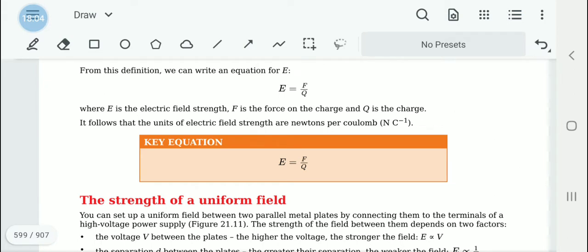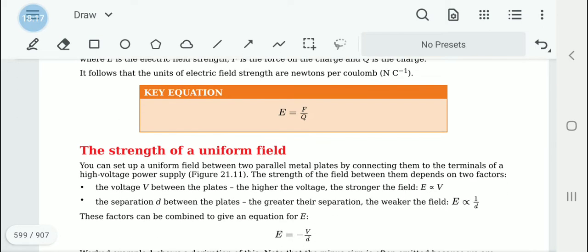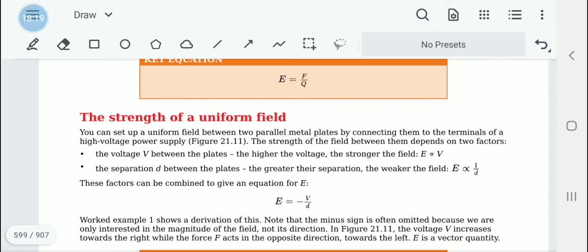Leave a line and write. From the equation, E will have units newtons per coulomb, NC^-1.